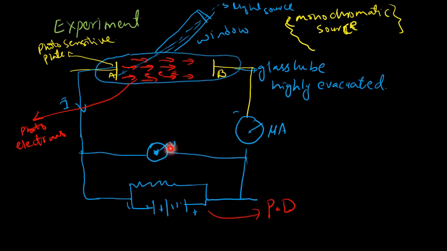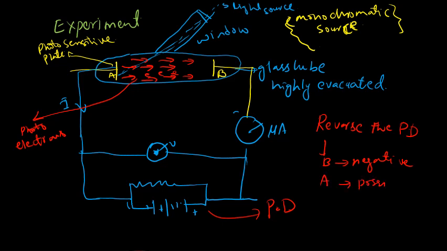What happens when we reverse the potential difference, such that now electrode B becomes negative and A becomes positive?